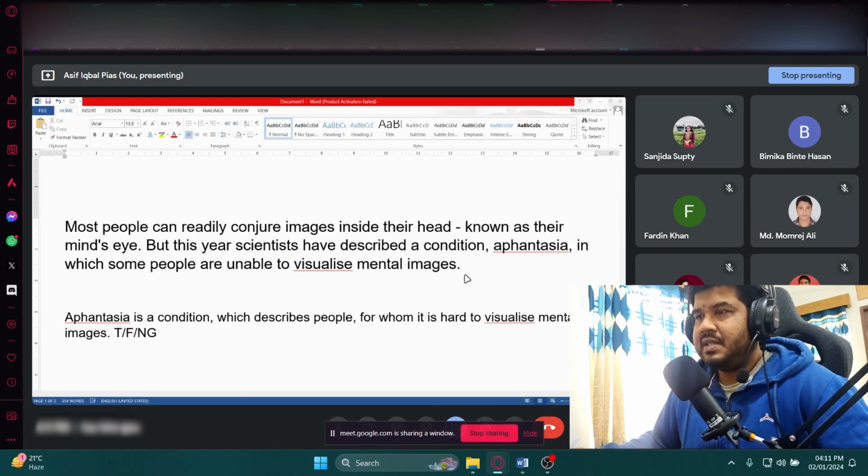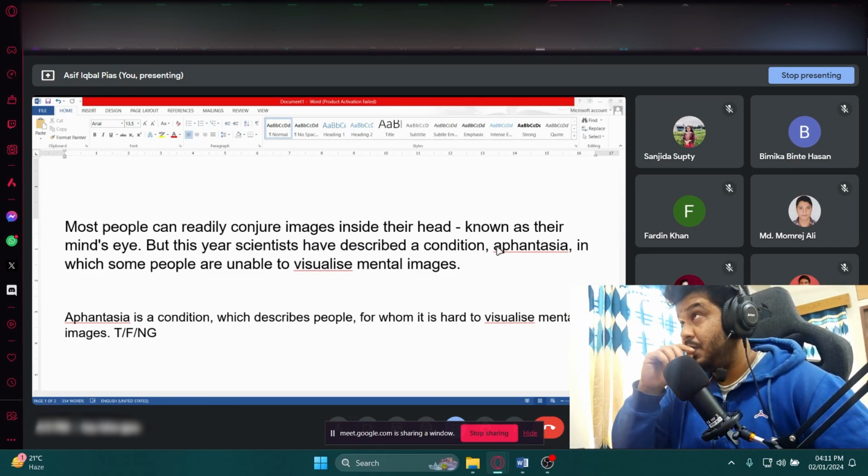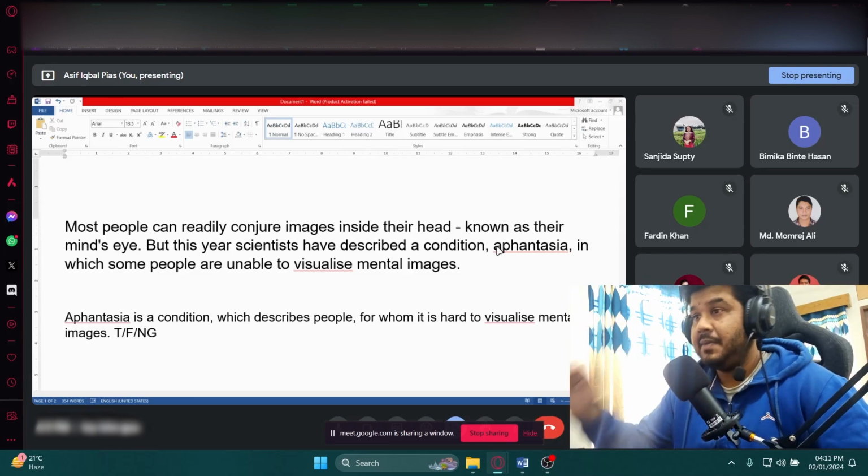Now in this case, whoever has this condition, aphantasia, these people cannot visualize anything. If I tell you to think about a cow in your mind, these people cannot do it.